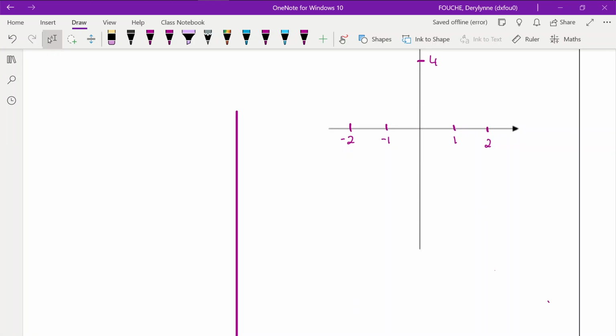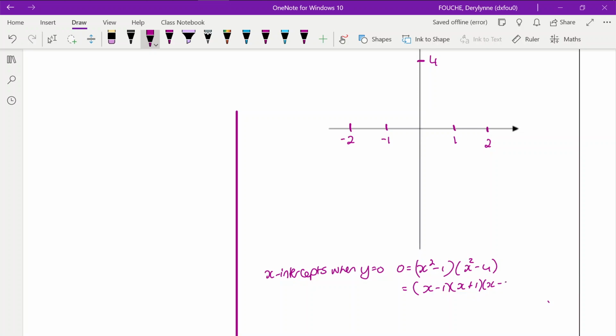So I'm going to say I get my x-intercepts. And I can see that this can be rewritten as (x take 1)(x plus 1)(x take 2)(x plus 2). So using my null factor law, I know that x equals 1, negative 1, 2, and negative 2.